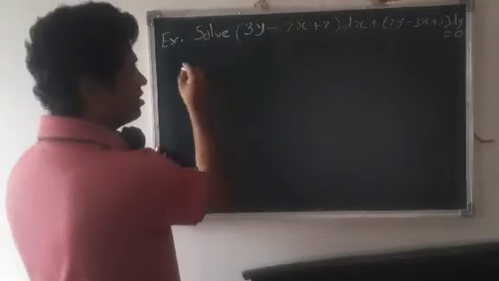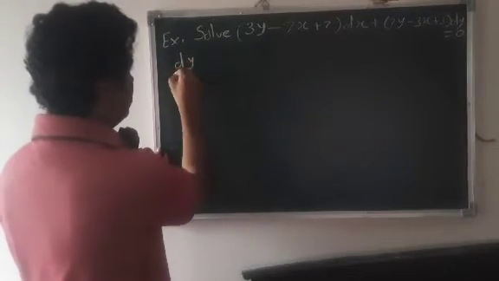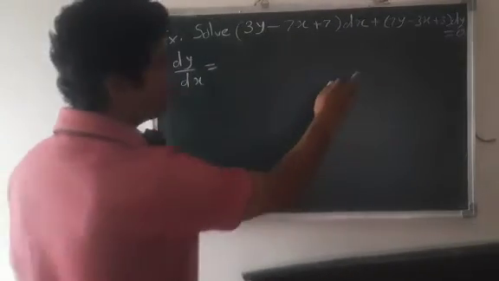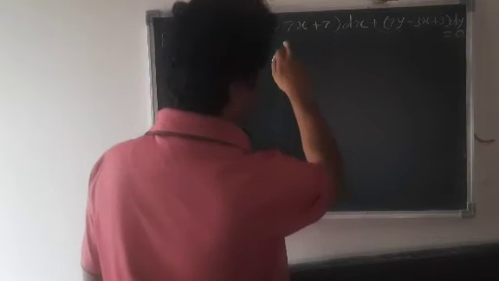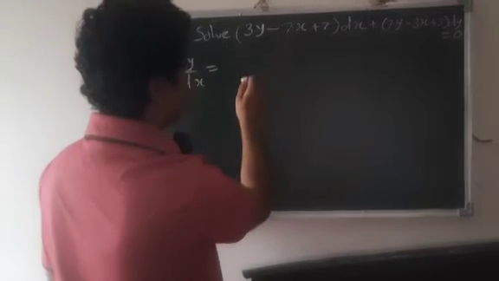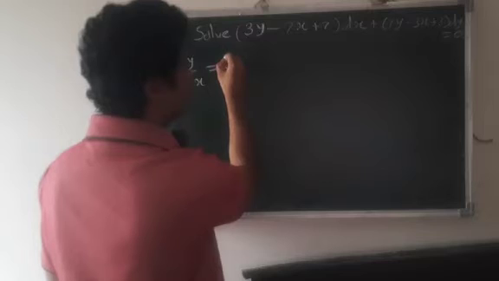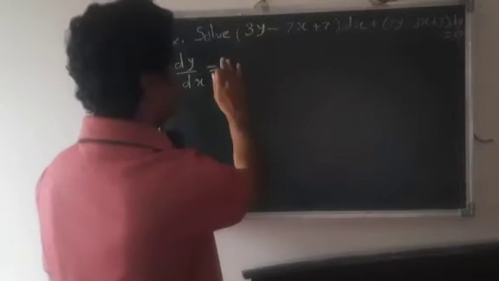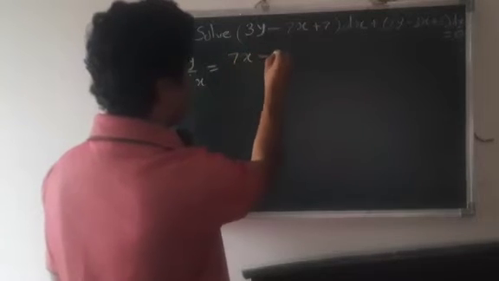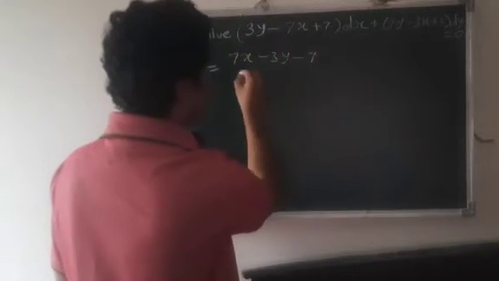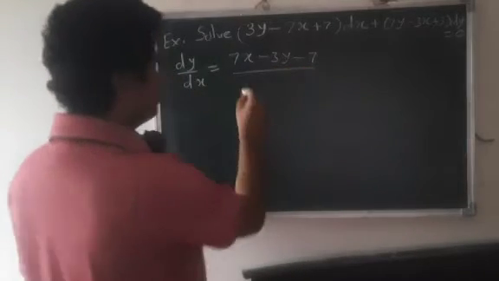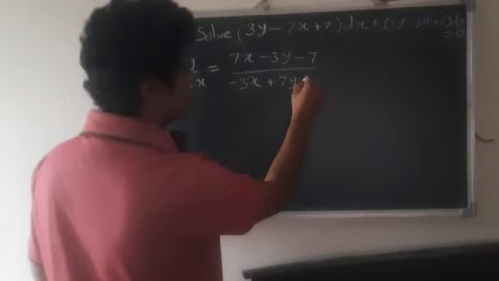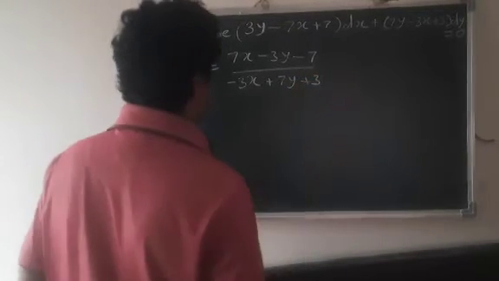We rewrite this equation as dy by dx equal to minus (7x minus 3y minus 7) divided by (minus 3x plus 7y plus 3).